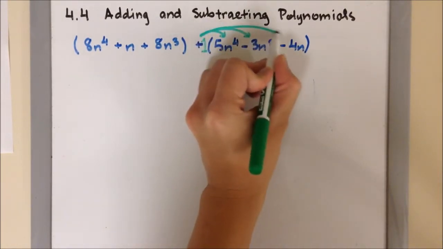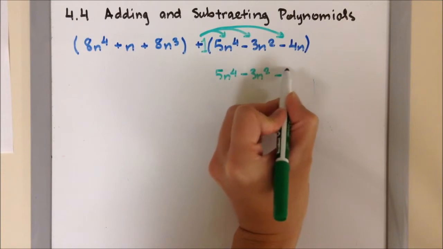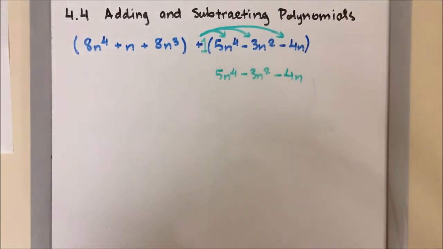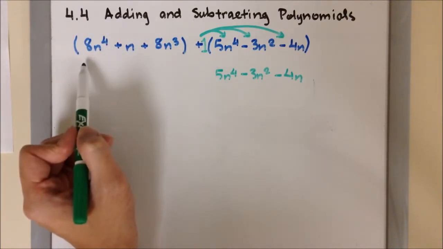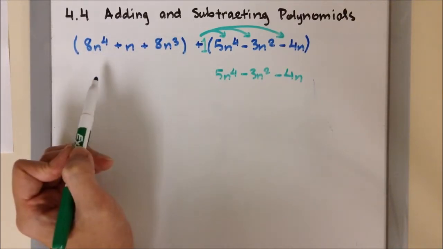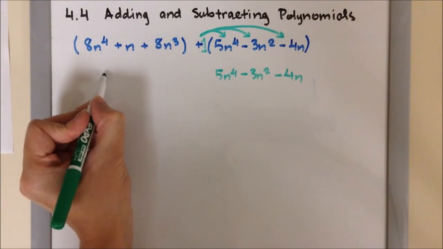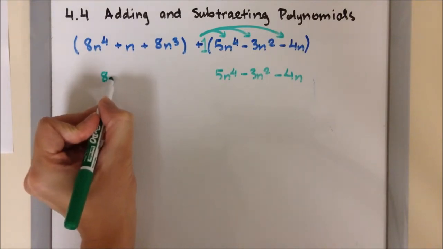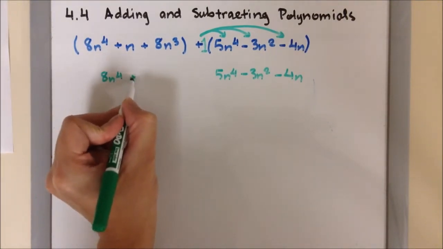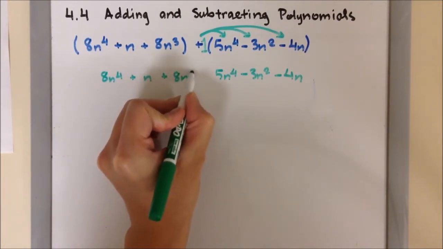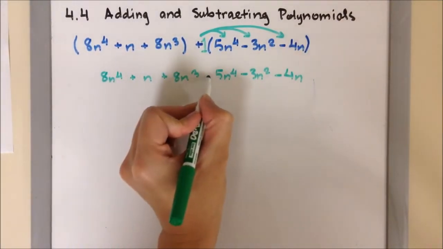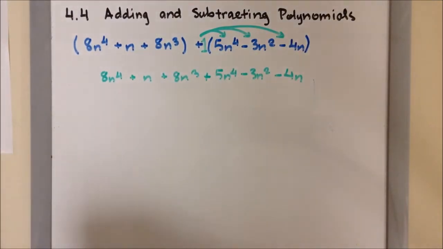And then positive 1 times negative 4n will be negative 4n. And then there's nothing in the front of this parenthesis, so I'm going to bring down the inside and let go of the parenthesis. So we're going to have 8n to the fourth plus n plus 8n to the third. This is positive, so I'm going to write plus. From here, we are going to combine like terms.